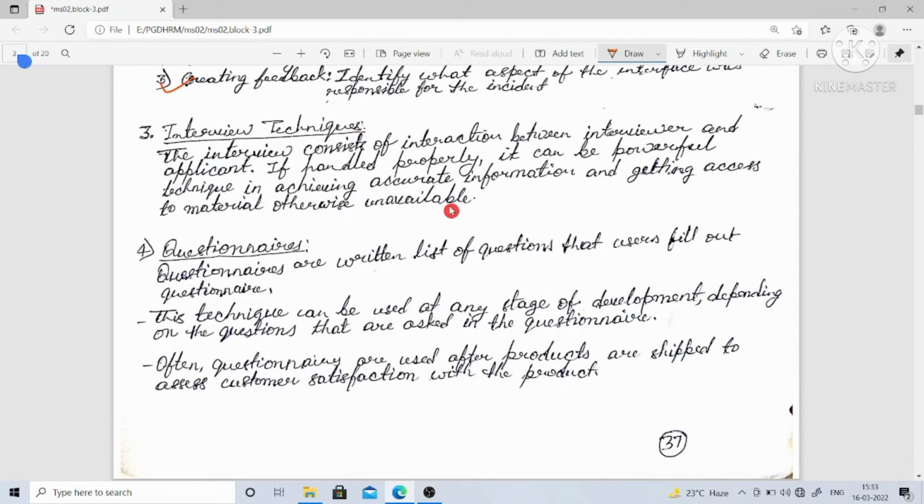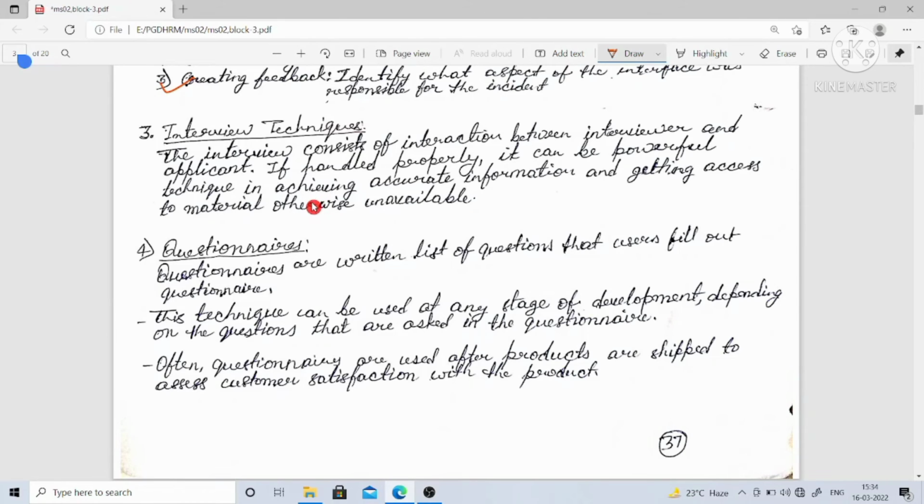So it is very important. If handled properly, the interview can be a very useful technique to get accurate information which otherwise will not be available.